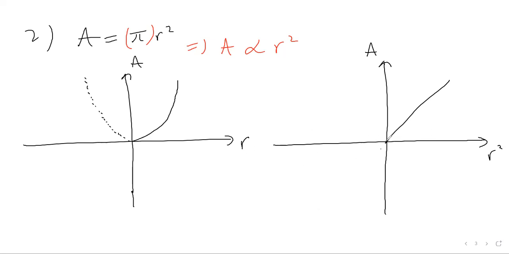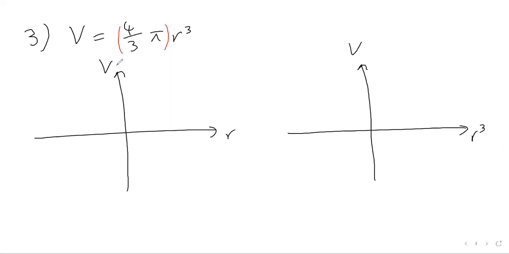It's only the positive half line. So that would be our relationship, because a is proportional to r squared, so a against r squared on a graph would look like this, and our gradient, as you can probably guess, is going to be pi, this constant of proportionality. So our change in a divided by our change in r squared is going to give us a gradient of pi, and we can see that from our formula there. So that's our second example.